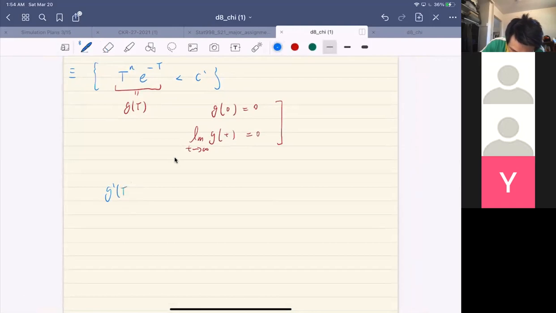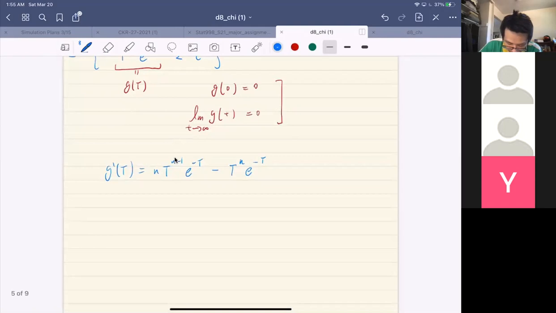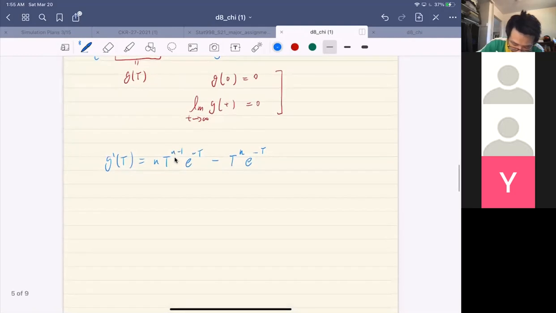So it can be n t to the n minus 1 e to the negative t minus t to the power n e to the negative t. Then you can figure out the derivative at zero is also zero.